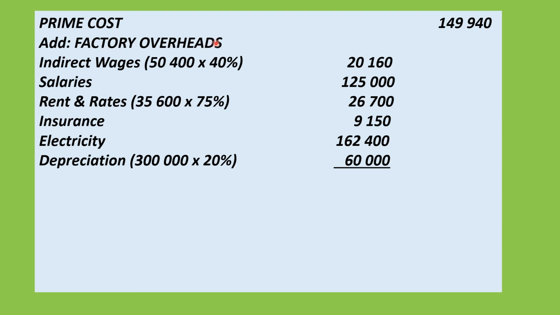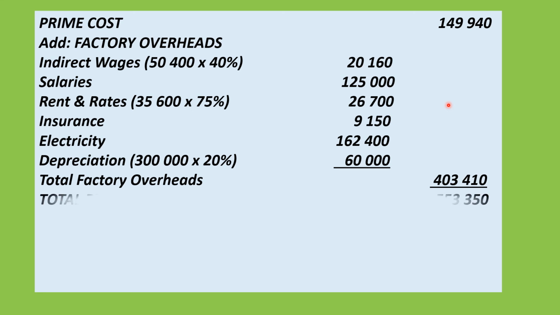This is factory overhead cost. So the total comes up to total factory overheads 403,410. And we'll add these two figures now, and we will get our total production cost of 553,350. That is the total cost, but we must adjust that for unfinished goods and so on.